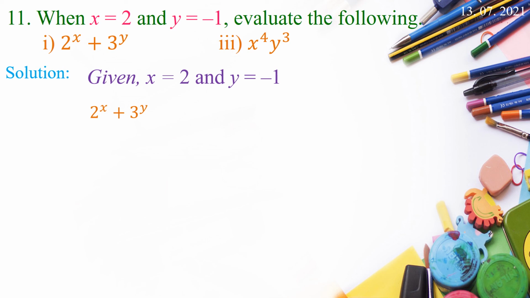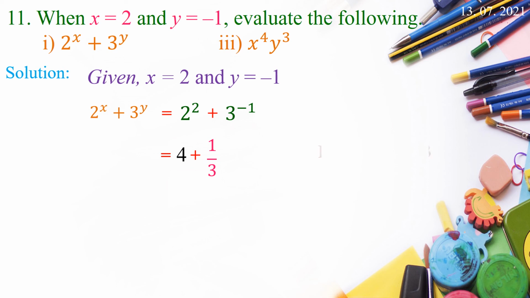On substituting x equal to 2 and y equal to minus 1 in the place of x and y, we get 2 squared plus 3^(-1). Now 2 squared is 4. 3^(-1) can be written as 1 by 3. To find the solution, first we have to find like fractions with a common denominator.